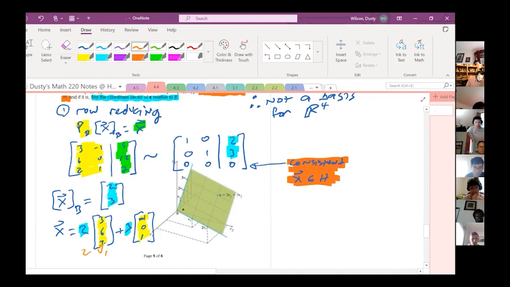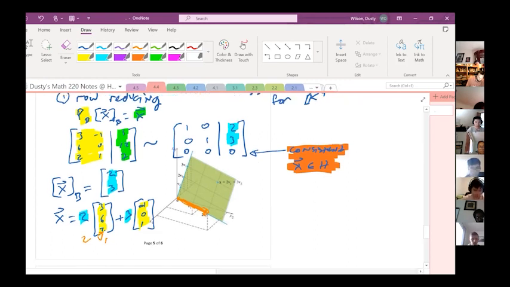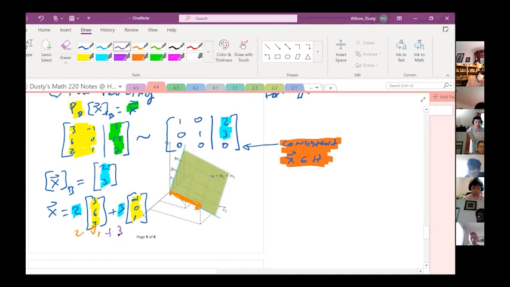So here's the V1 direction, and we want to go 2 in that direction. And then we want to go 3 in the V2 direction.